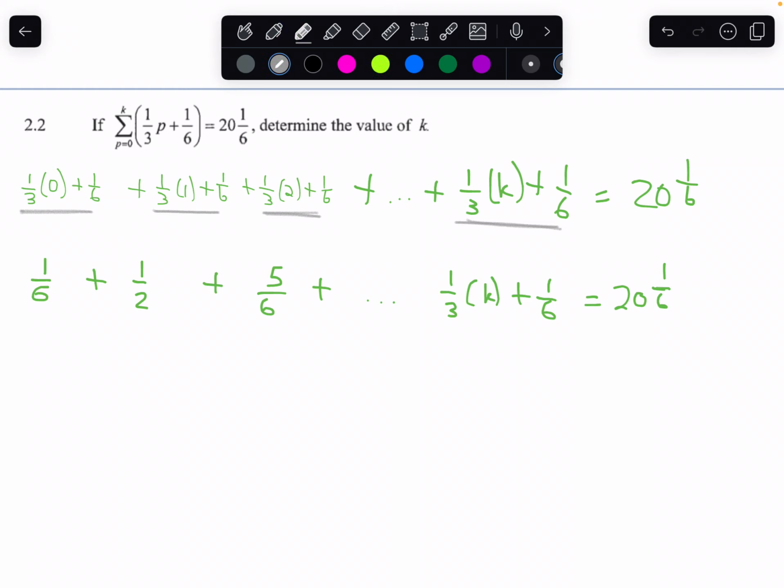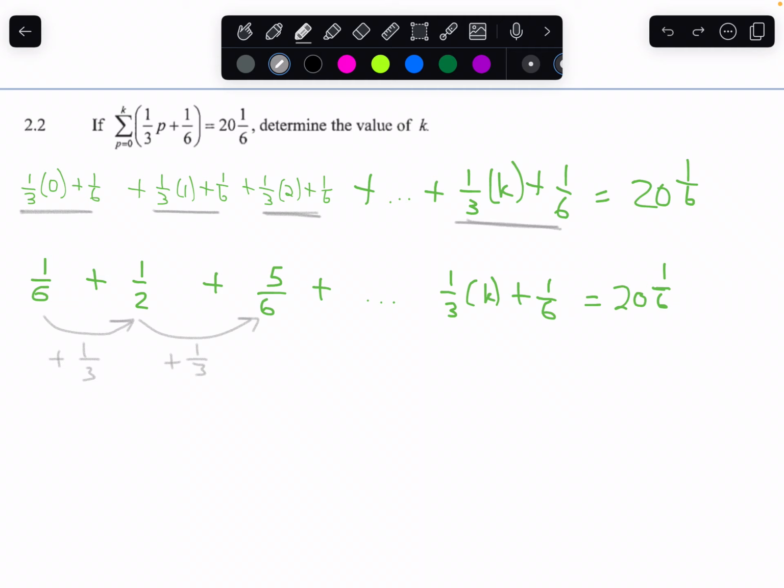So let's see what's going on here. I suspect it's probably an arithmetic series. To go from a sixth to a half, we are adding a third. To go from a half to 5/6, we are adding a third again. So it is within reason that this is an arithmetic series. If you need a bit more convincing, you could add a few more terms.